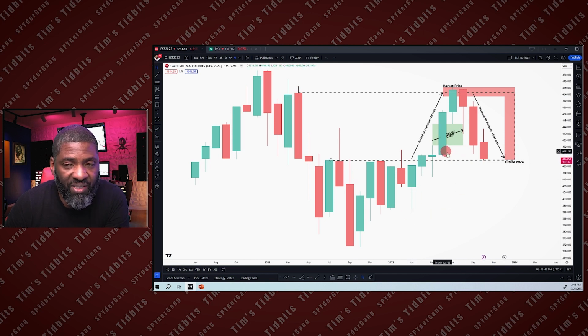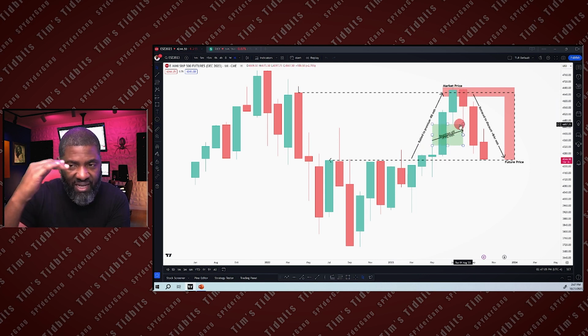Then do the same thing with the daily. It came up to what daily PD array in the premium, and on the way down, what daily PD array did it come down to, and in between, what were the reactions off of the PD arrays in between on this expansion price leg on each time frame you go to.